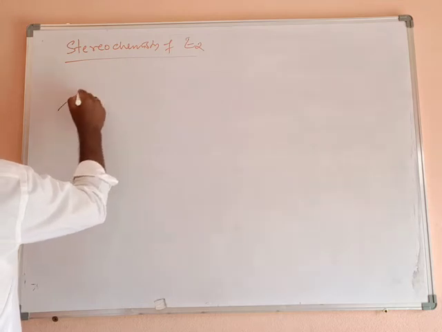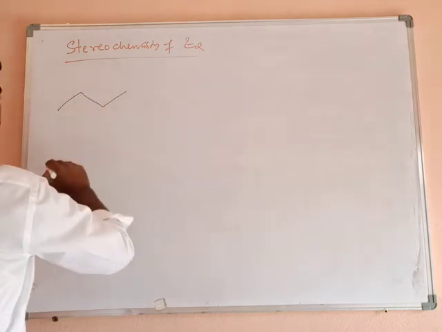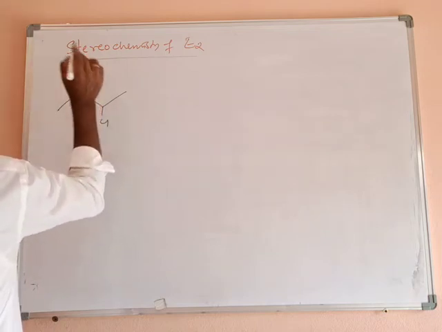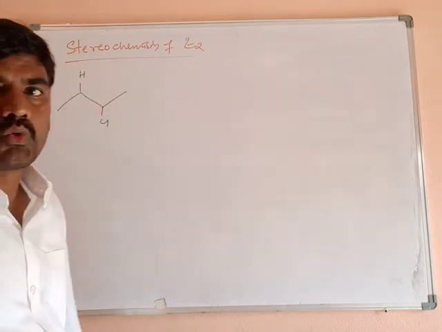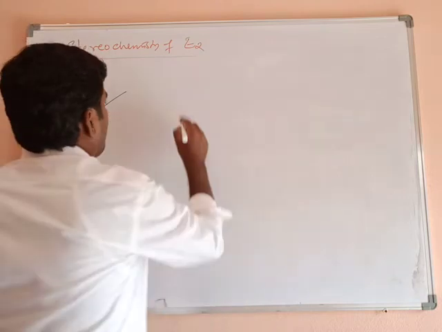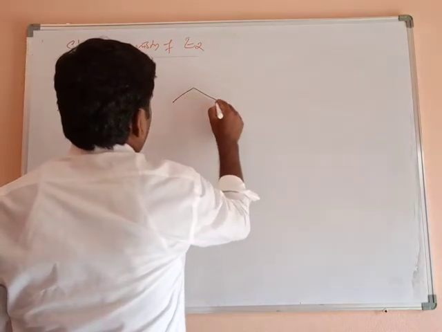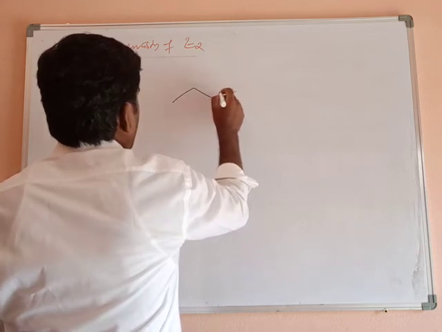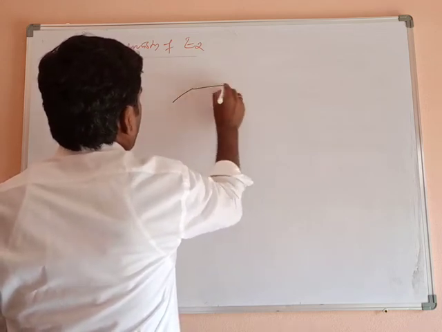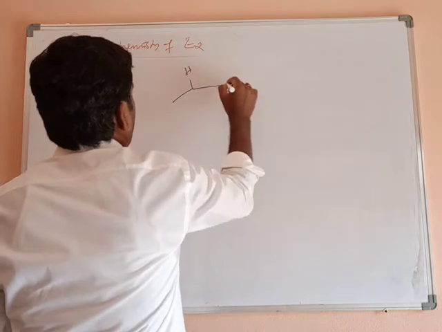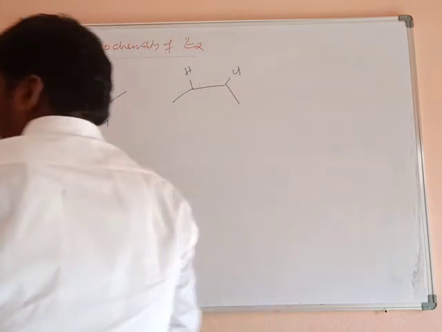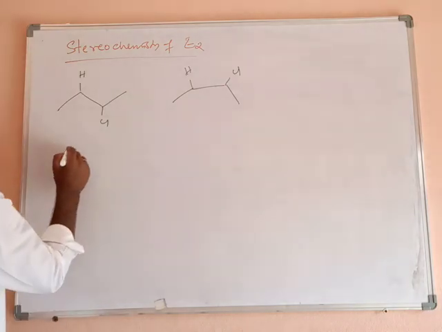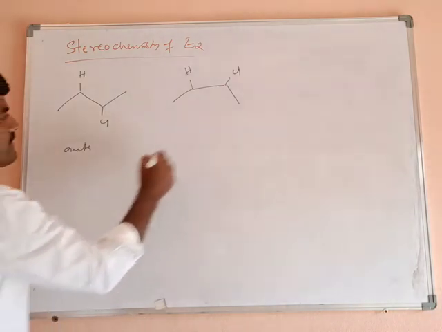For example, 2-chlorobutane. This is called anti, this is called syn.